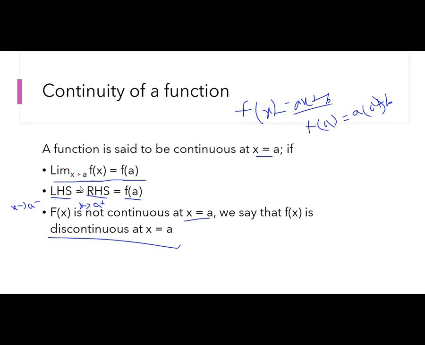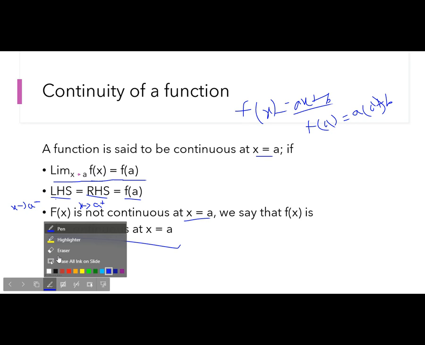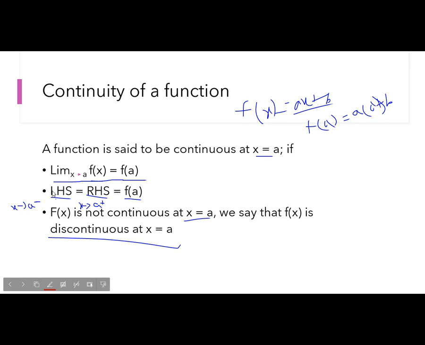For a discontinuous function, LHS is not equal to RHS. Then we will have two different values. So if LHS is not equal to RHS, it's a discontinuous function.